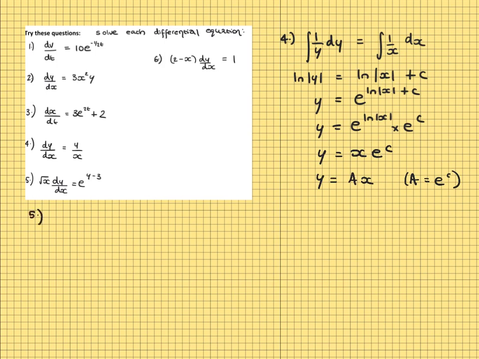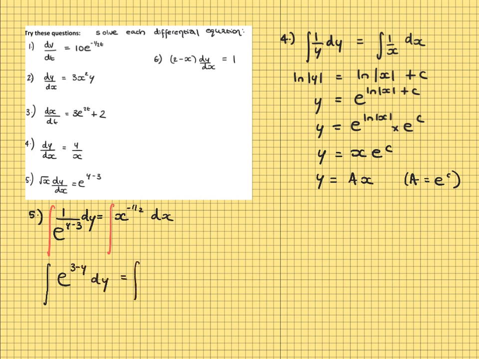Question 5. We have 1 over e to the y take away 3 equals x to the negative half on the right hand side, and we'll take the integral of both sides like that as well. Now on the left hand side we're going to rearrange this so it's e to the 3 subtract y, integral of.